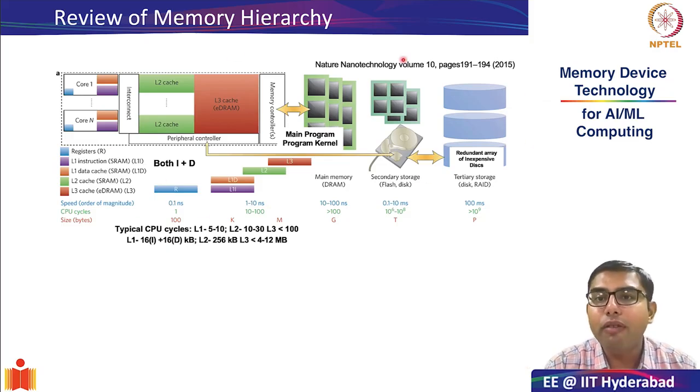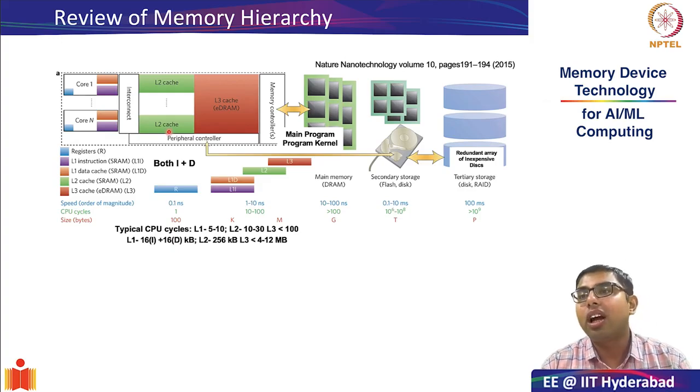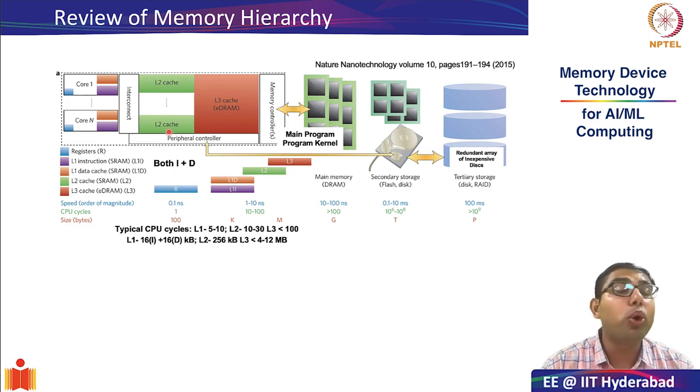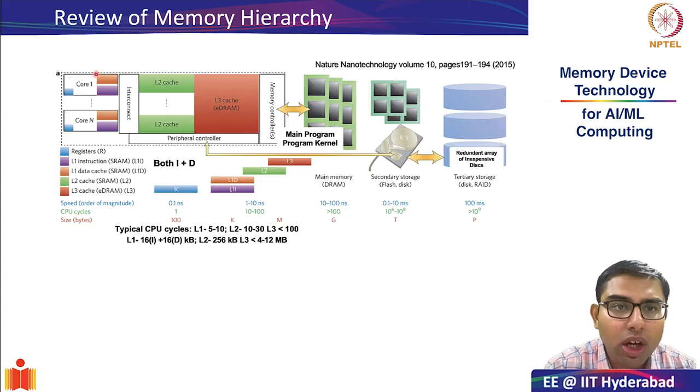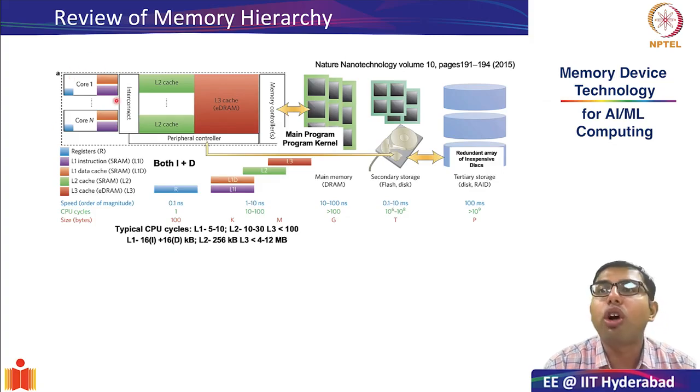As you can see in front of you, you have a relatively complicated image indicating the computing infrastructure or the hardware for computing from a more memory-centric perspective. On the top left corner, you see the CPU subsystem abstracted with its multiple cores, core 1 to core n.